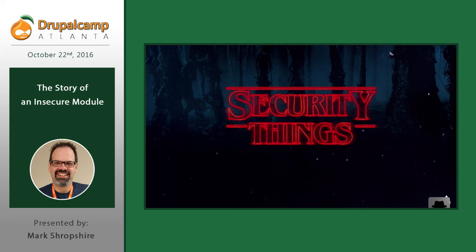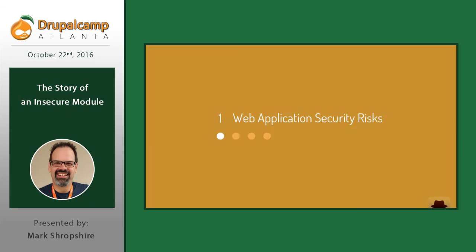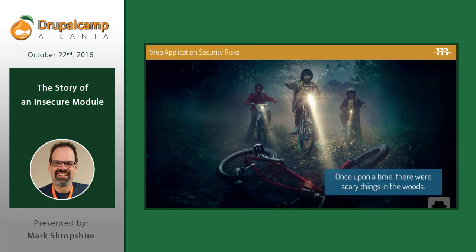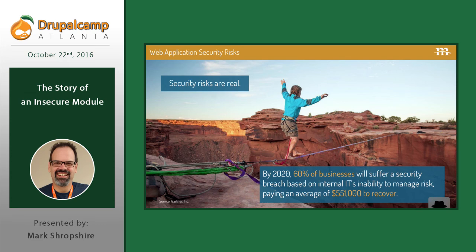So we're going to talk security things. Anybody? All right. So as far as security risks, there are scary things in the woods, people. Scary things that you've got to watch out for. And security risks are definitely real and cost money.